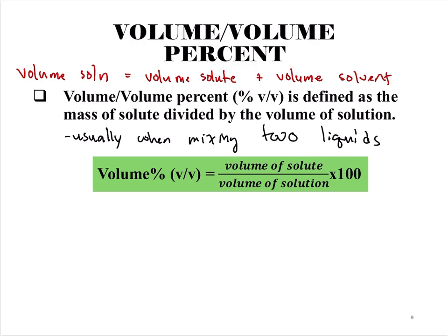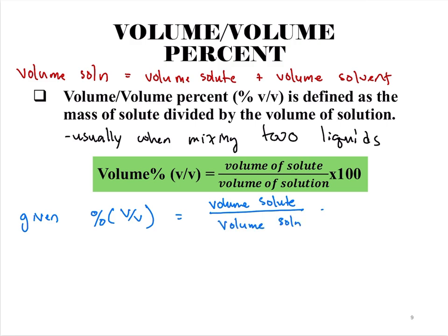And so if you're given a percent volume to volume, this is going to be the volume of solute per 100 milliliters of solution.